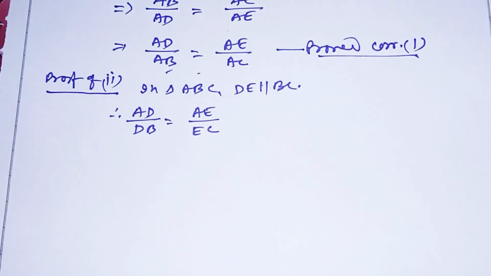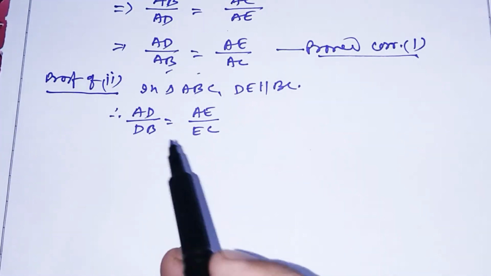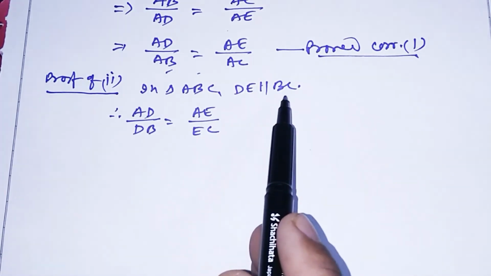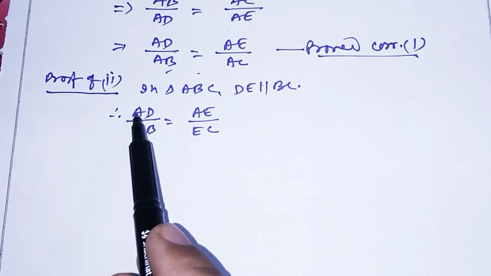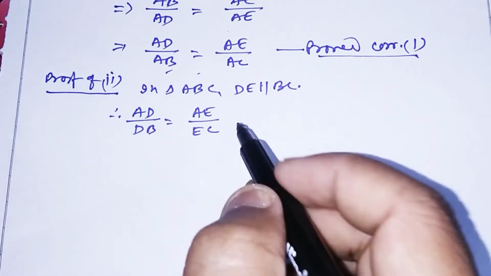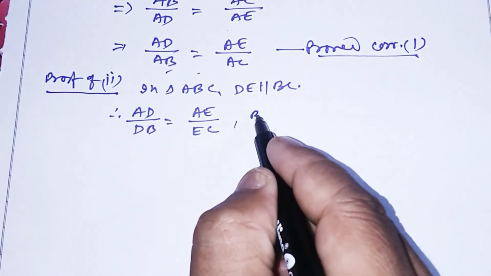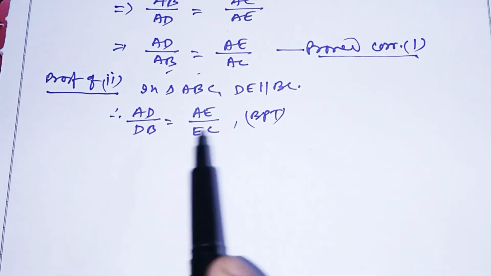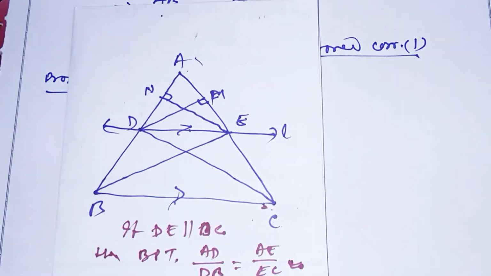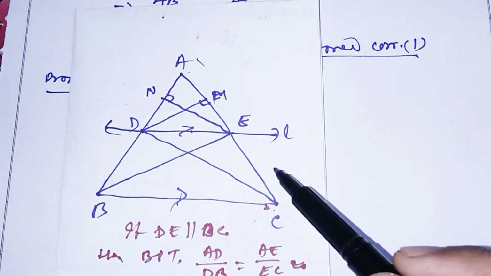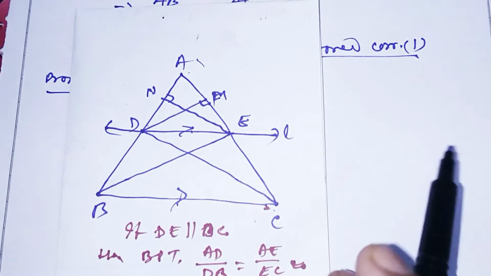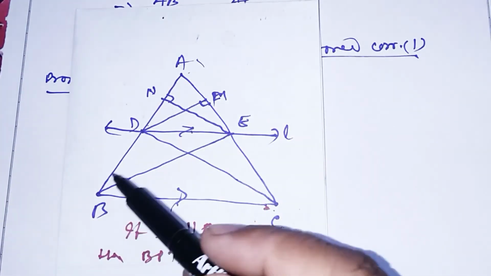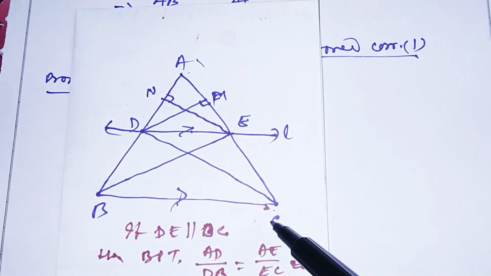Okay, now I'll go for the second. Again in this proof, second part, in triangle ABC, DE parallel to BC, hence AD by DB equal to AE by EC, using BPT. Now what do we have to prove in this case? We have to prove DB by AB equal to EC by AC.